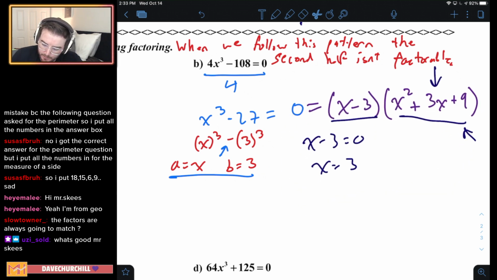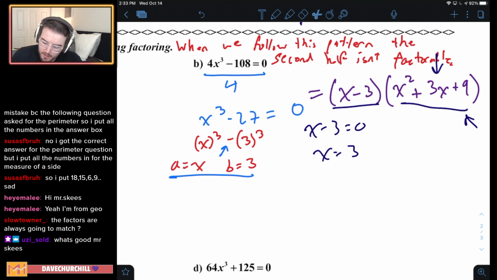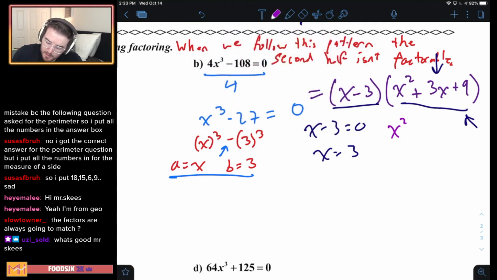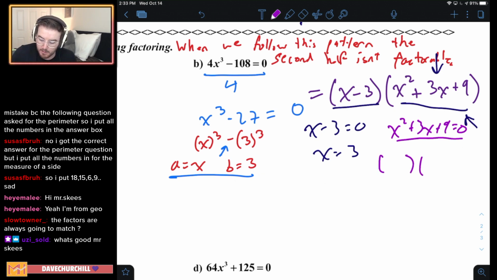Let me move this up a little bit to give myself room. When I set this equal to 0, this looks like a normal everyday problem, and it is. But I'm being a nice teacher, and I'm telling you something that's going to happen every single time. You can't factor it. It's not going to happen.